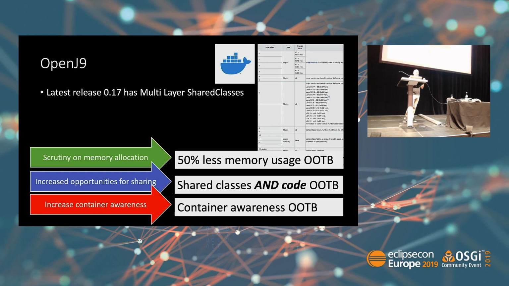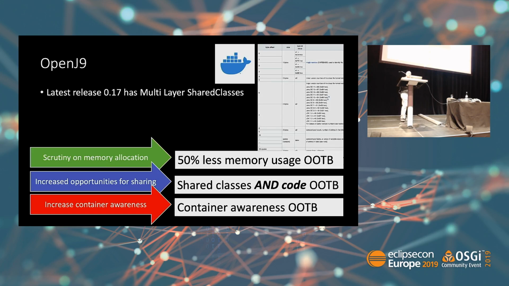What J9 gives you that Hotspot doesn't give you is that you can share code. Hotspot lets you share the metadata. J9 goes further and says that JIT code that you've created, we can cache it in the same place. We can bake that in the image. So we can run effective AOT, run it once, capture the data, put it in a cache, bake it into your Docker image, get things running much faster.